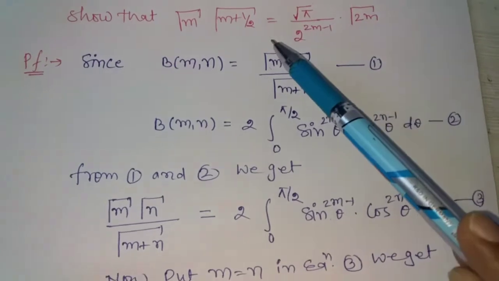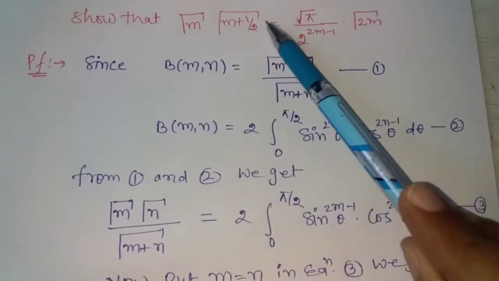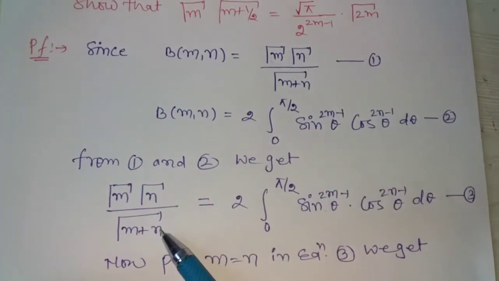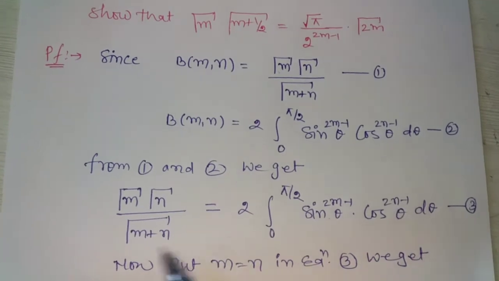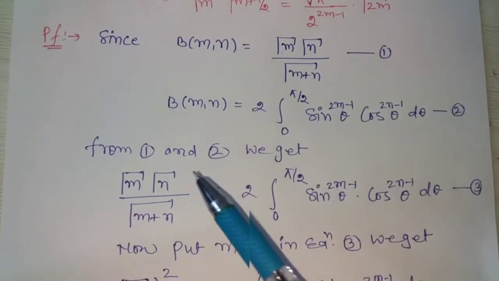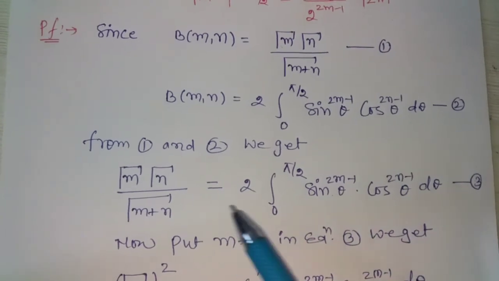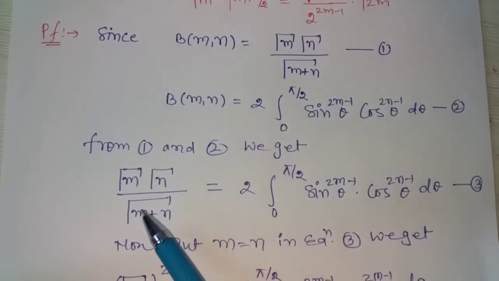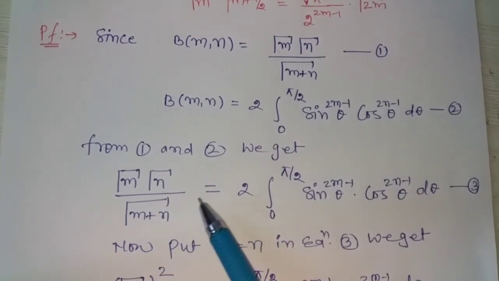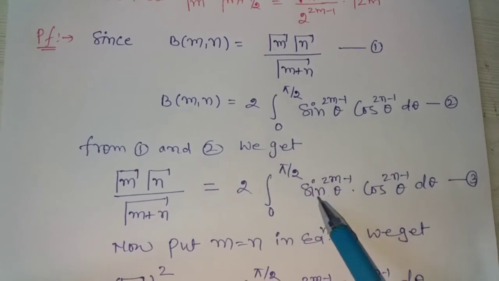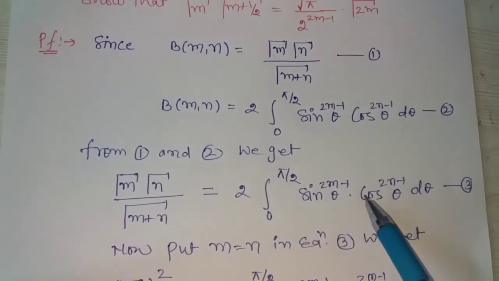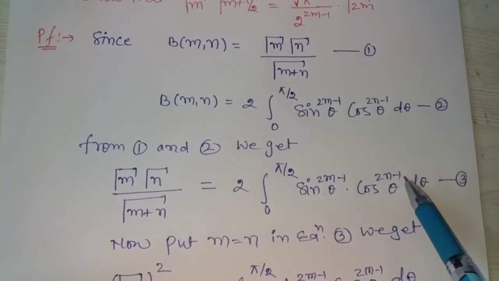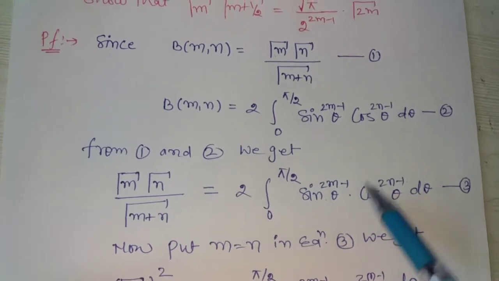Again we require m plus half. In this relation we require m plus half, which can be obtained by simply putting n equal to half in this relation third. So now we put n equal to half in this relation third, we get gamma m into gamma half upon gamma m plus half equal to 2 times 0 to pi by 2 sine raised to 2m minus 1 theta, and cos raised to, because n is half, 2n minus 1 becomes 1 minus 1, that is 0, so cos power 0, something power 0 is 1.